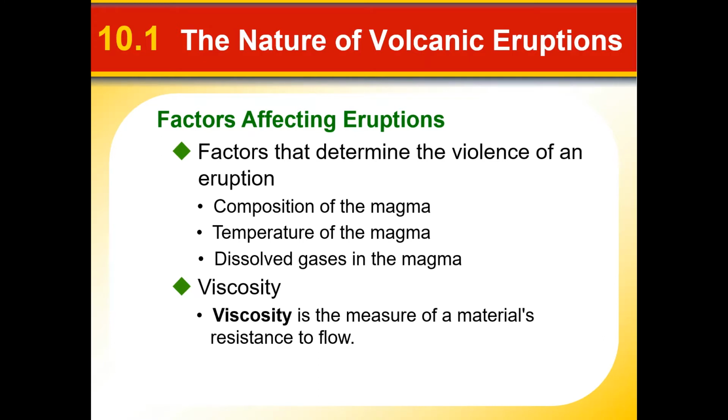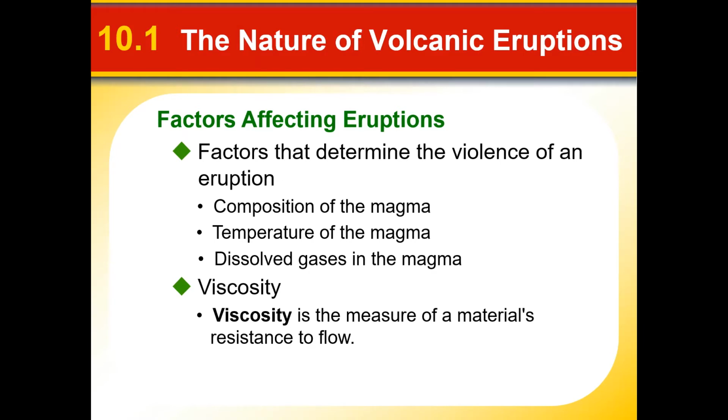is based on the composition of the magma, the temperature of the magma, and also the dissolved gases in the magma, and also its viscosity, but that is rather related to your temperature and your composition of your magma. Now, for your composition of your magma, as we previously discussed in our class, the more felsic or the more silica content that the magma has, the silica creates chains that bind the magma together.